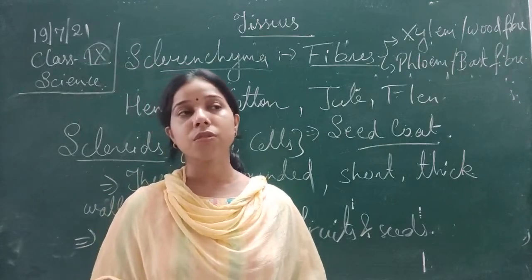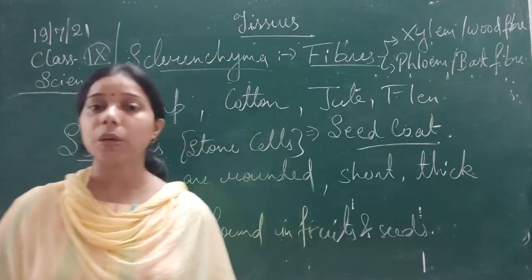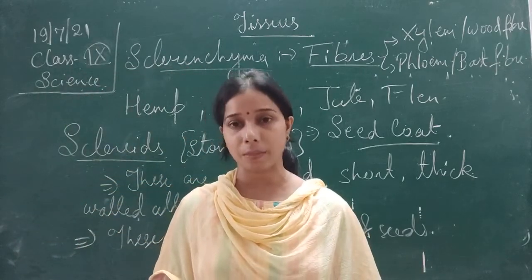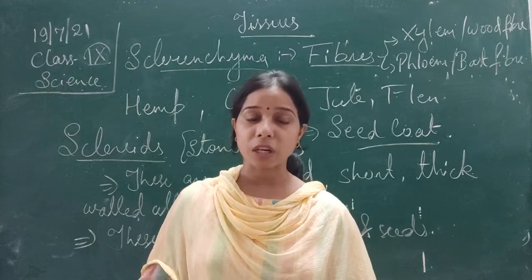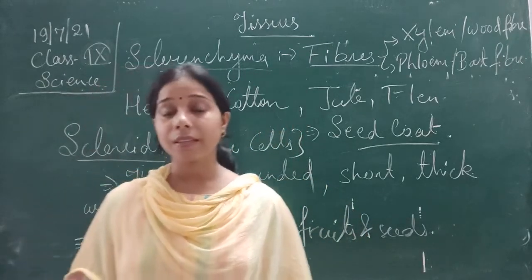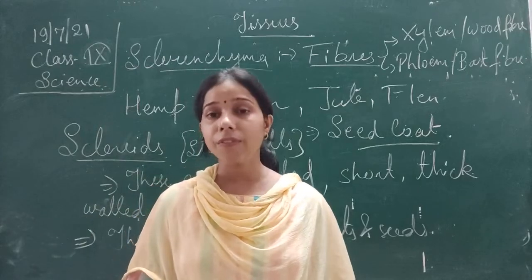Complex permanent tissues differ from the simple permanent tissue, because in a simple permanent tissue, all the different cells are the same, structurally the same. But here in this case, they are different from each other.